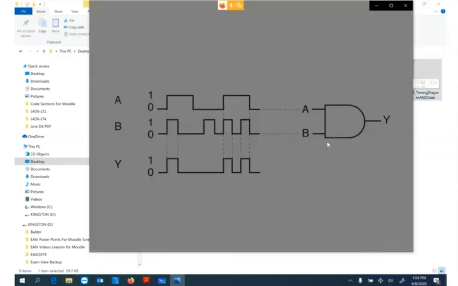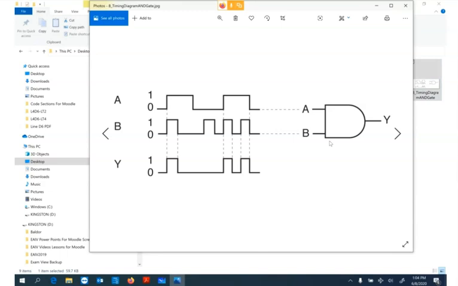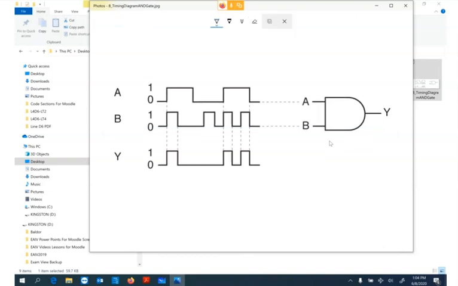The timing diagram. So you'll notice here when both of these go high, so does Y go high. And if B happens to go low, reset.